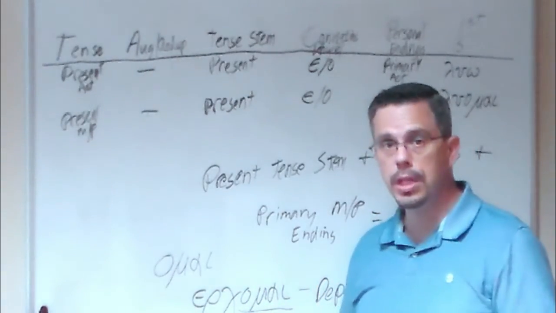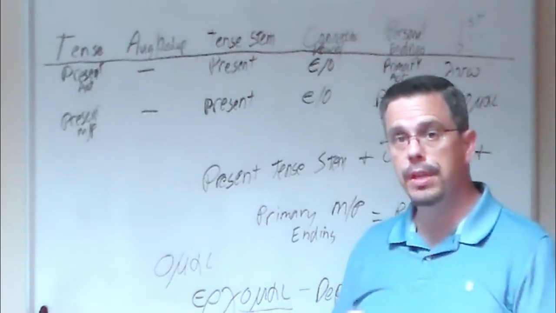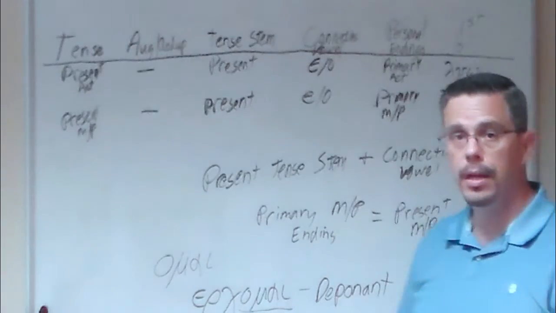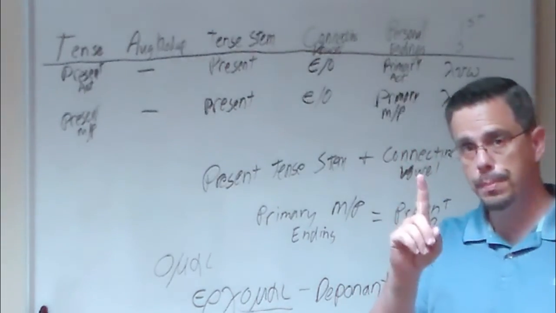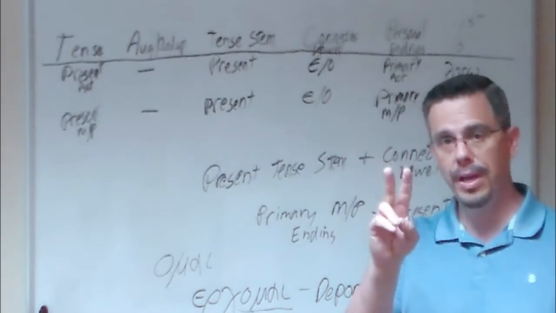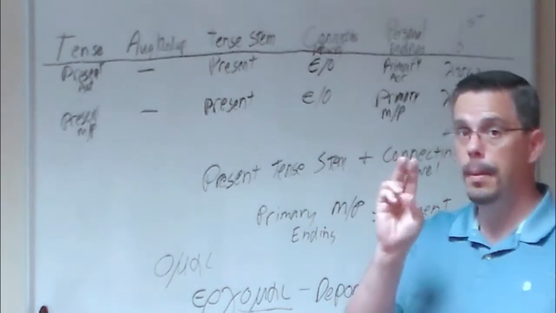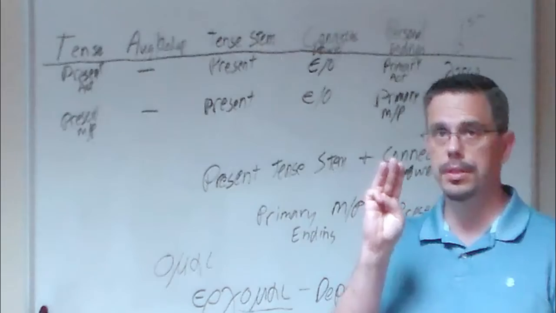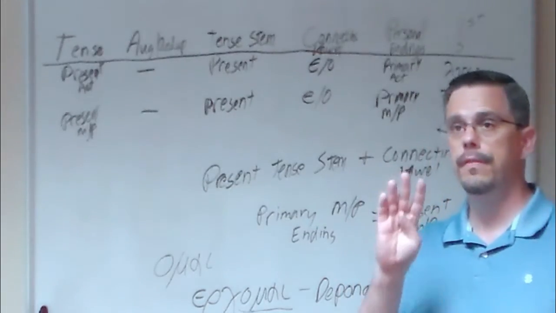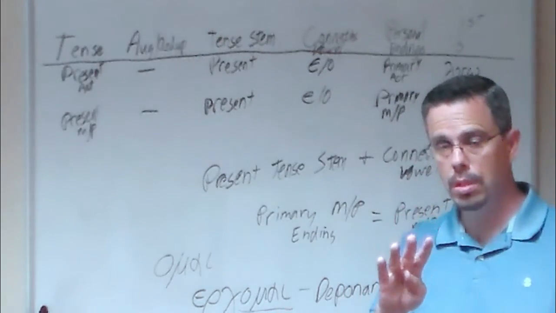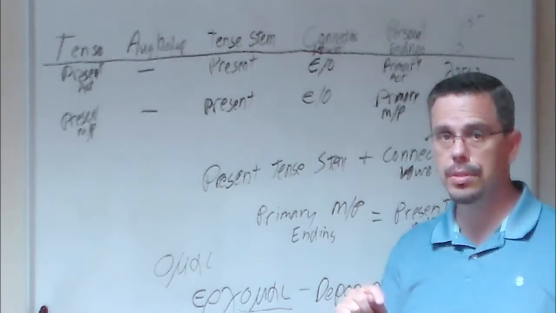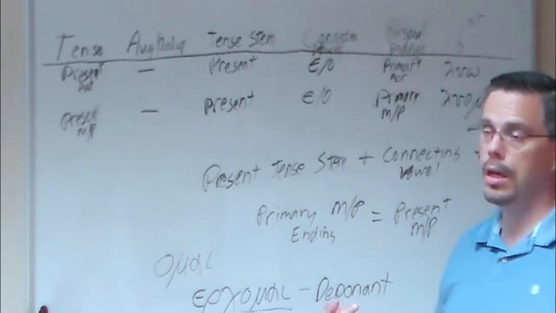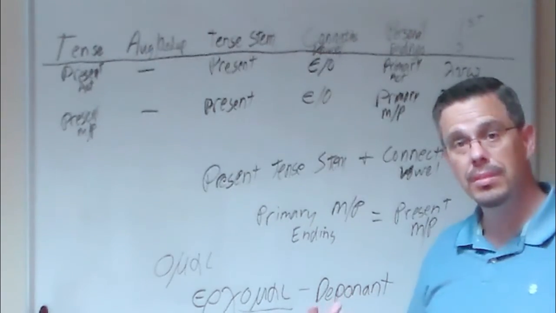Make sure when you're parsing, you add the pronoun for the inflected meaning. So if you're parsing, let's say the word luomai, you're going to be first person, present, middle passive, singular, from luo, and it means I am loosed.